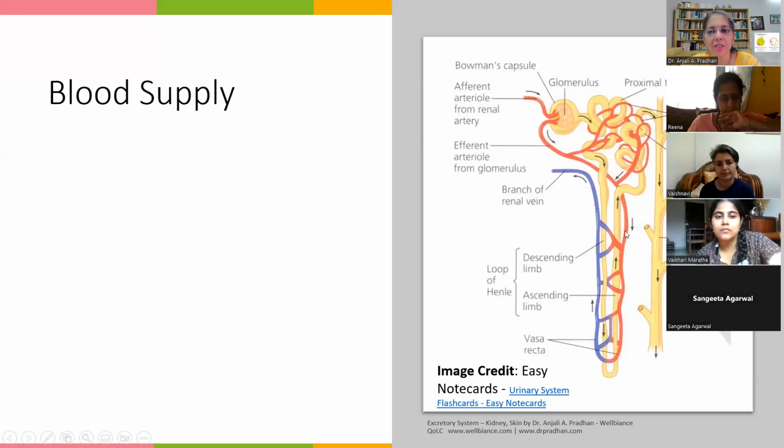This vasa recta divides again, and then again it starts joining, reuniting to form this venule, and this venule then again reunites to form a branch of renal vein, and then the renal vein leaves the kidney through hilum and then unites with inferior vena cava.